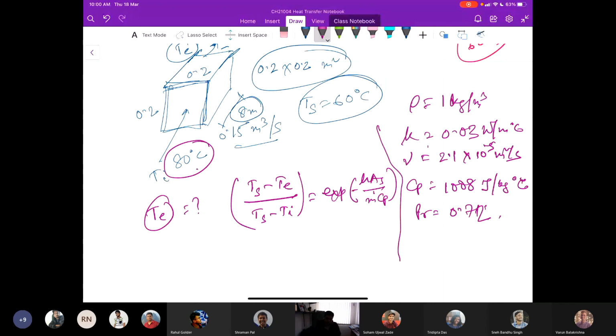This would give us the value of T exit, sorry, not surface temperature, it gives the value of TE, which would be numerically close to 70 degree.